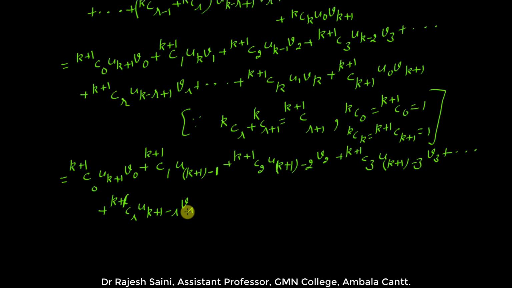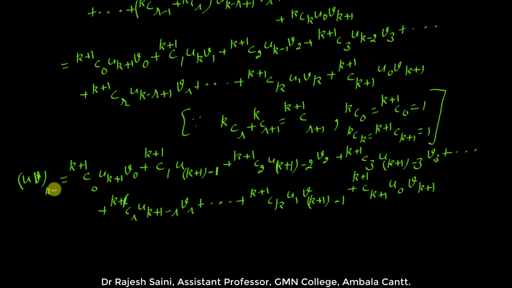Plus (k+1)Ck u(k+1-k) v, which can be written as k plus 1 minus k, fine, plus (k+1)C(k+1) u naught v(k+1). This is nothing but (uv)(k+1).